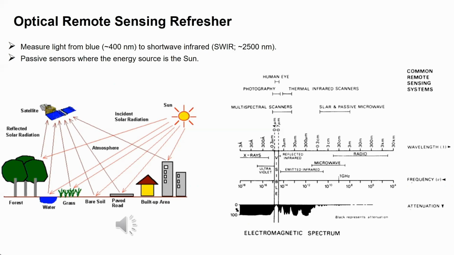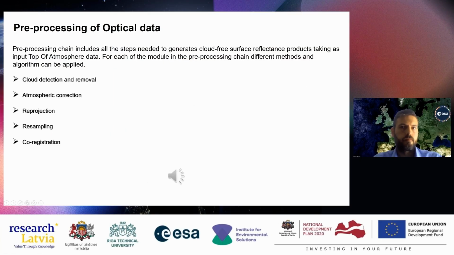So it's important that the satellite system takes into account the effects of the atmosphere. And for example, in the data processing, we are able to remove or compensate some of these effects. For this reason, we need to pre-process the optical data in order to account for the atmospheric effects.